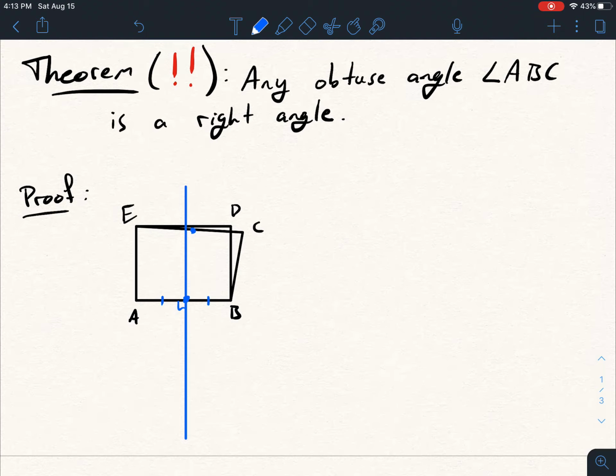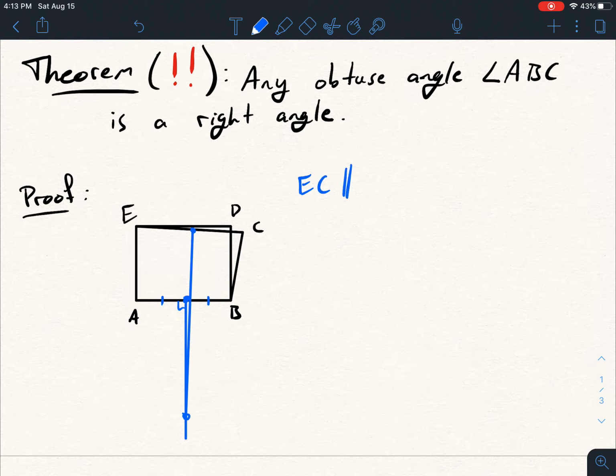Okay, and also it would have to intersect the perpendicular bisector to AB somewhere along here.